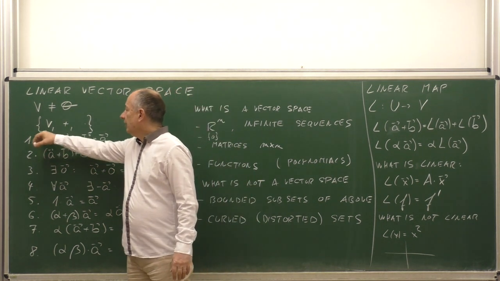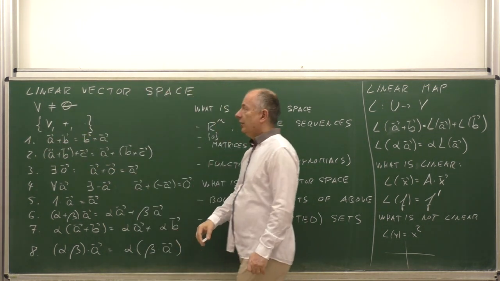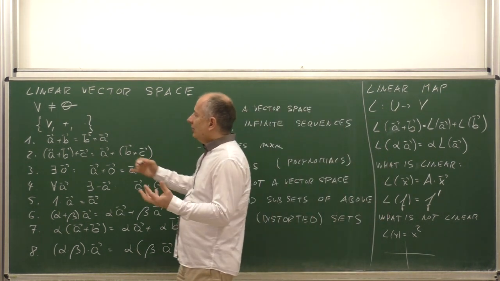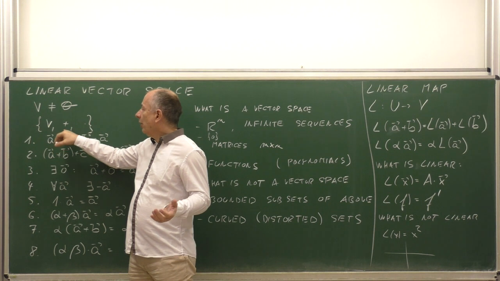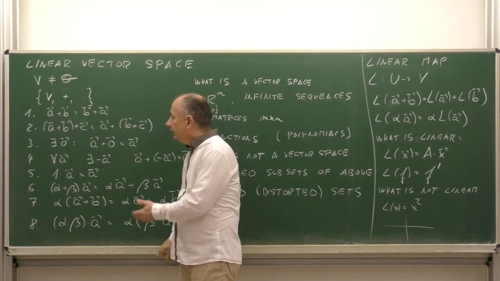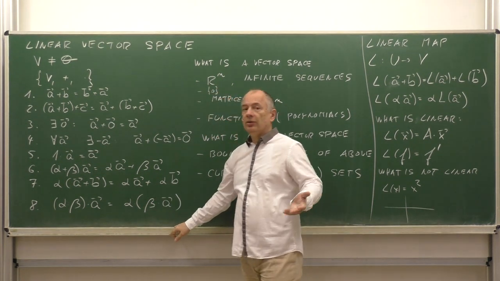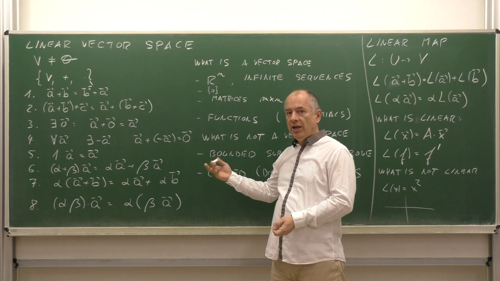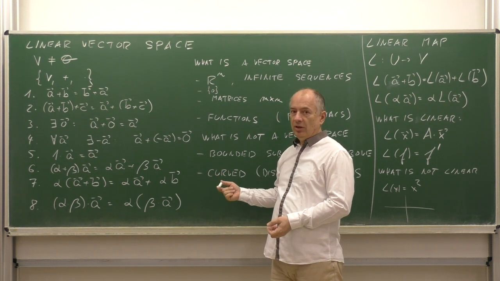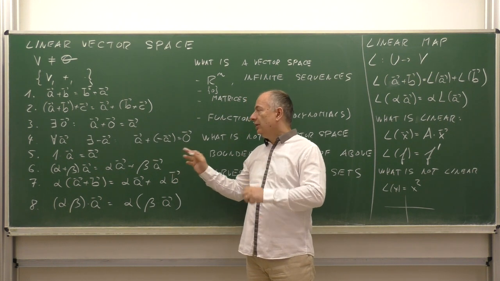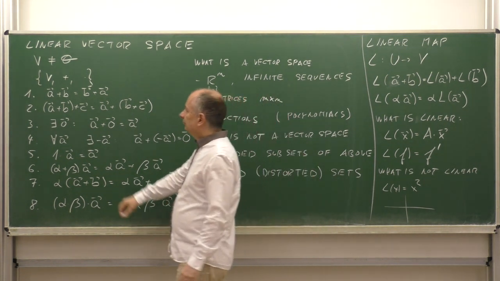Then we say this triple is the linear vector space, or this set equipped with these two operations is the linear vector space, if the following 8 conditions are satisfied. They are very general, very natural, very obvious. So quite many sets do satisfy these conditions.